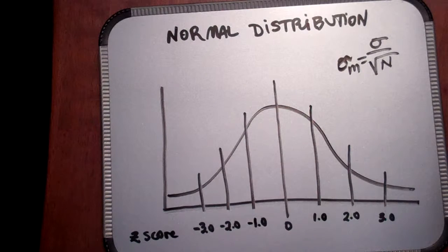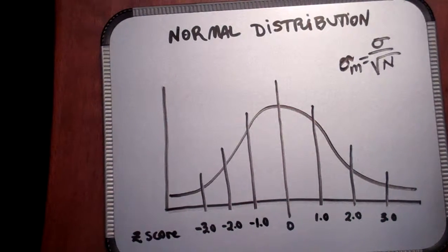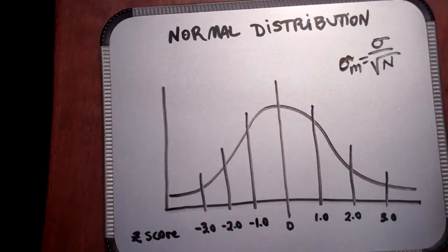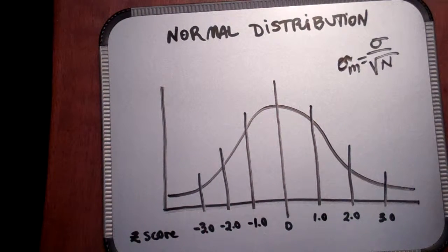You must subtract the population mean from the sample mean and divide by, not the standard deviation, but the standard error of the mean. And when you're determining the mean associated with a given z-score, right, which you did in the last chapter, you must multiply the z-score by the standard error of the mean, not the standard deviation.